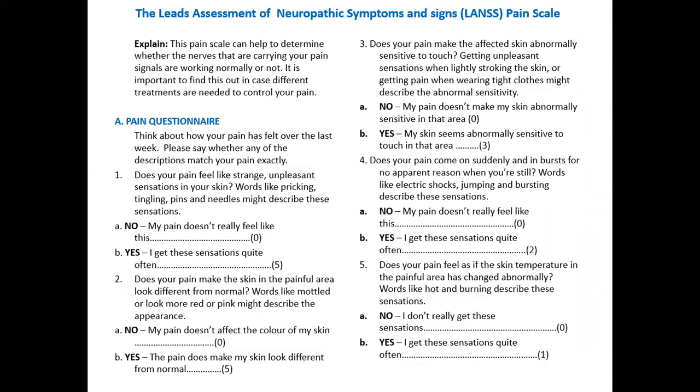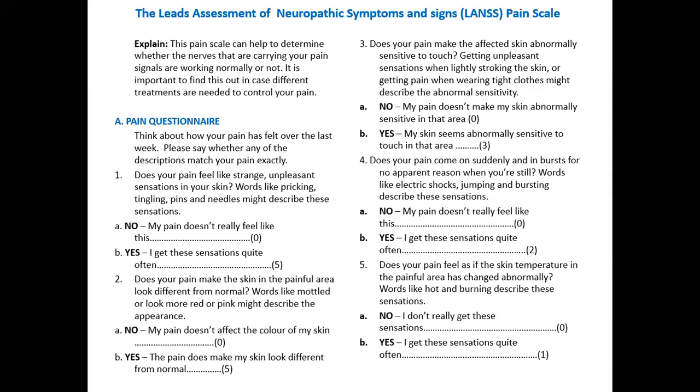However, you need to assess. And I found this tool to be good for assessment of neuropathic pain because it has two components: the component for the patient and also the component for you to assess. It is called the Leeds Assessment of Neuropathic Symptoms and Signs, the LANSS pain scale.